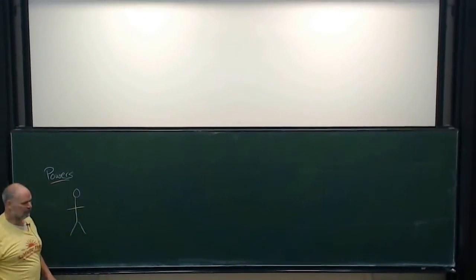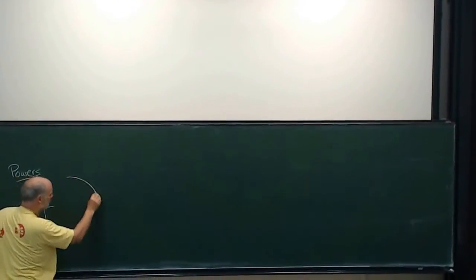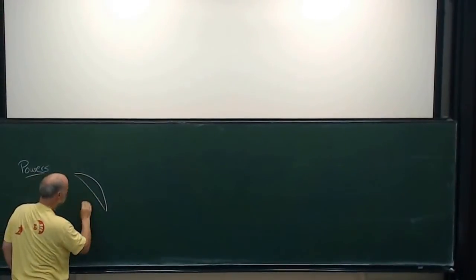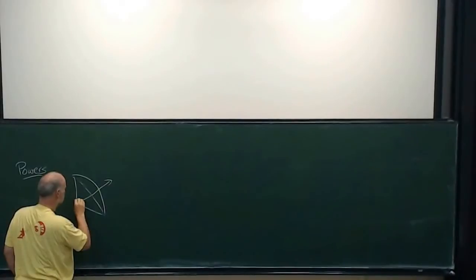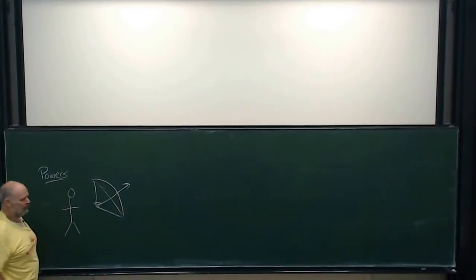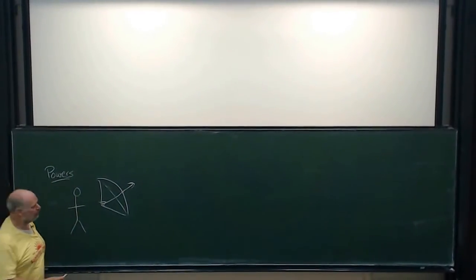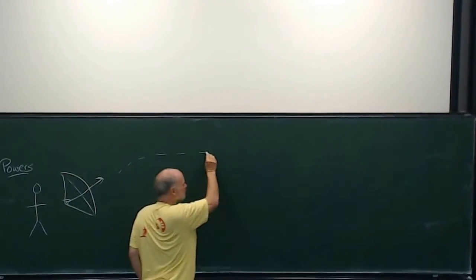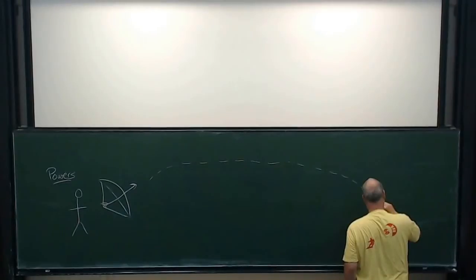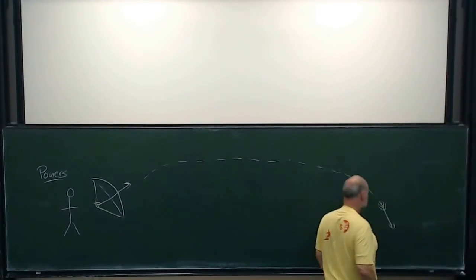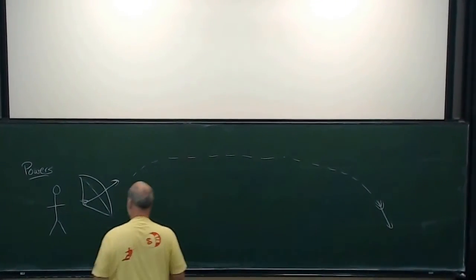the researcher here who has a bow and an arrow. I guess the arrow is like this. Okay, and you fire off the arrow. And it lands. So this is the definition of research.